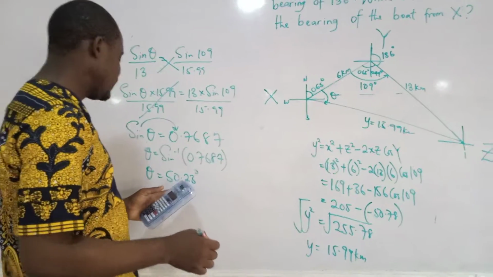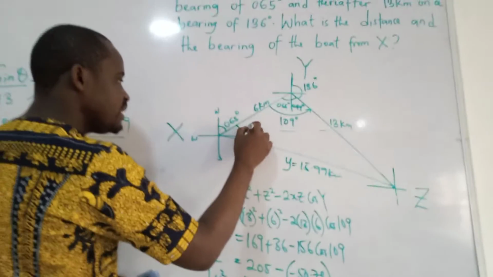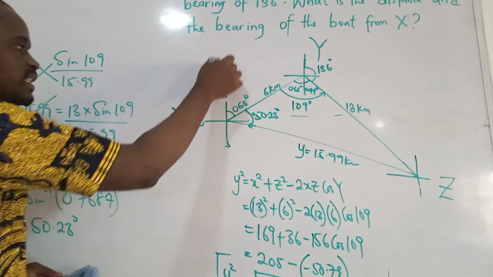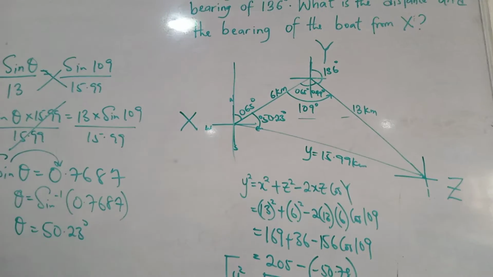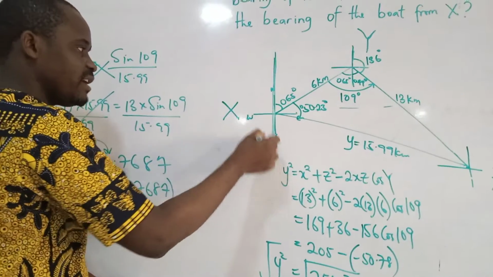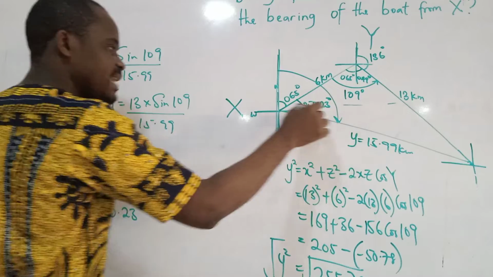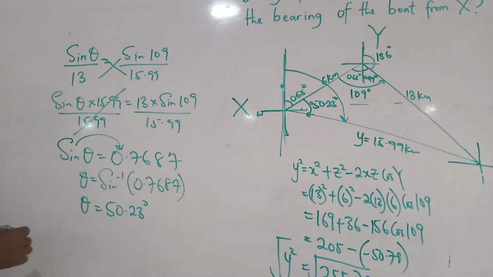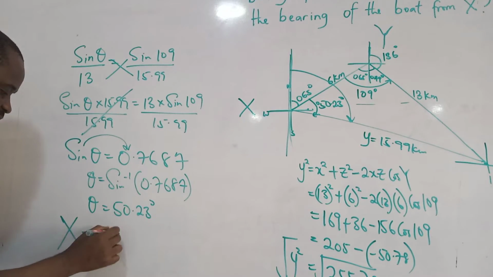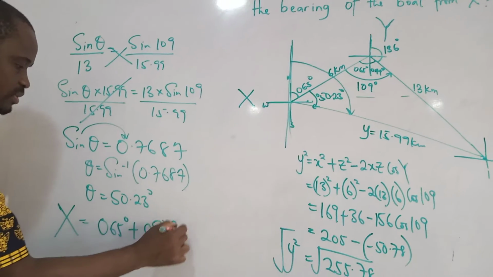Now, if this place is 50.23 degrees, it means that your new value for theta is 50.23 degrees. So the statement here is, what is the bearing of z from x? If I draw something like this here, if I look at this very carefully, you see that the bearing of z from x will be 065 degrees plus 50.23 degrees.